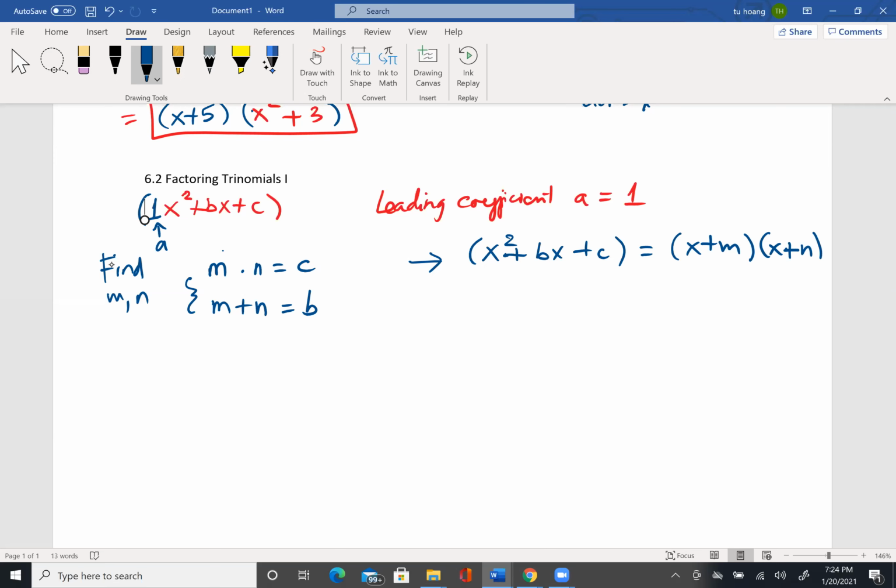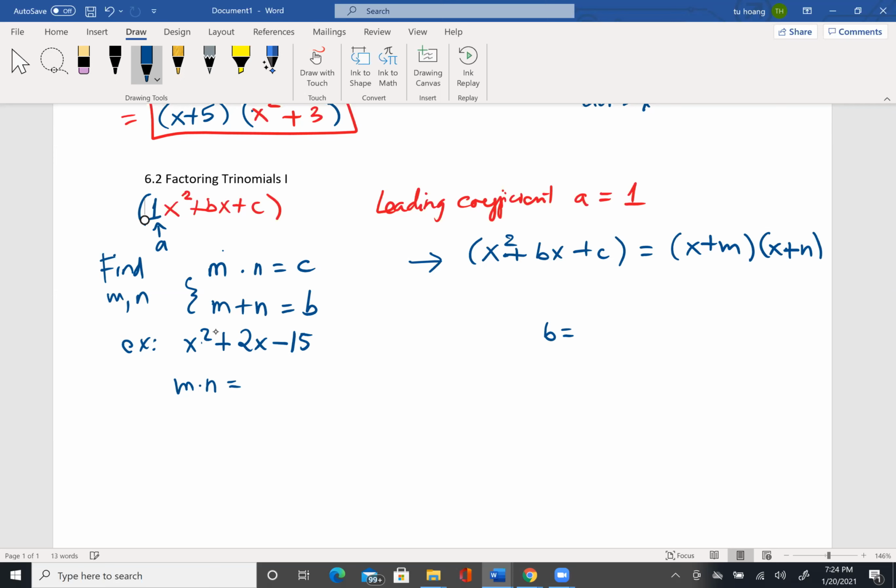Okay, let's do an example. We have x squared plus 2x minus 15. Let me put out what's b first.